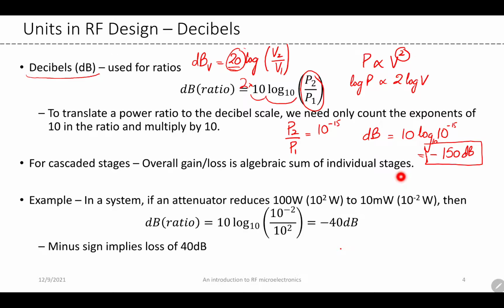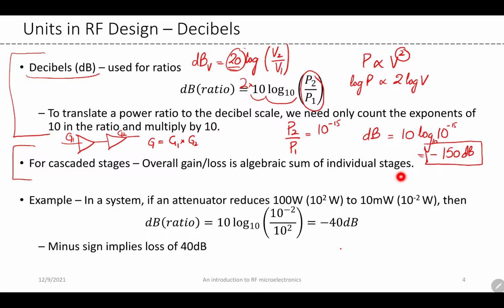Okay, so that was about what decibels are. Now, how do decibels work for cascaded stages? For example, you have one amplifier, and then you have another amplifier. If one amplifier has a gain of G1 and the other has a gain of G2, then technically the overall gain would be G1 multiplied by G2.